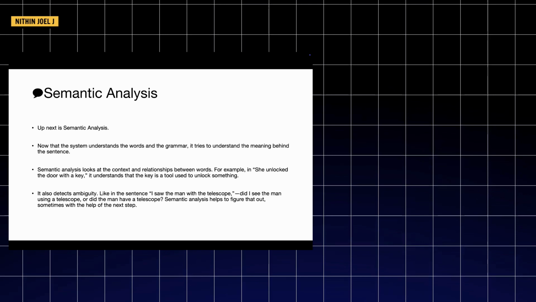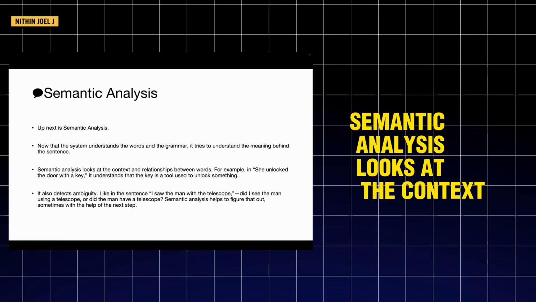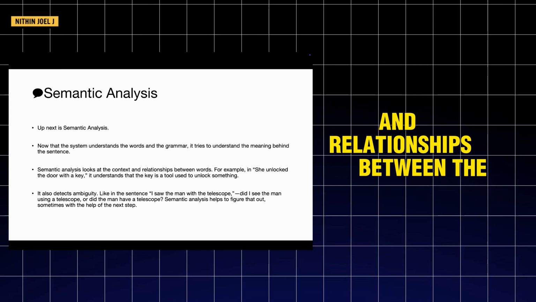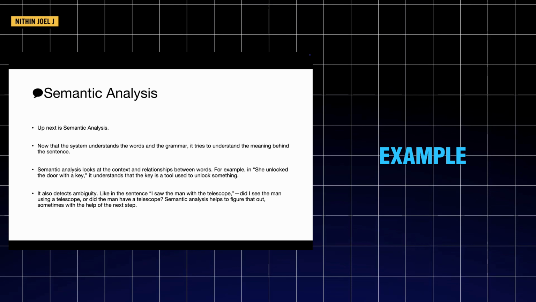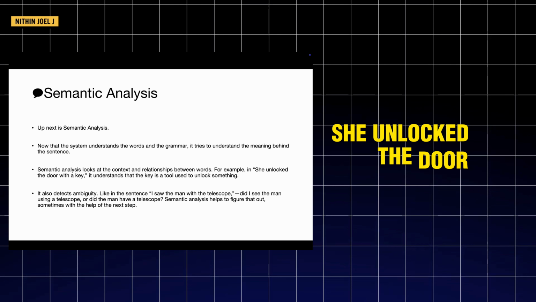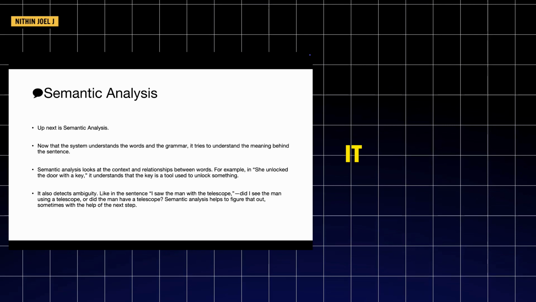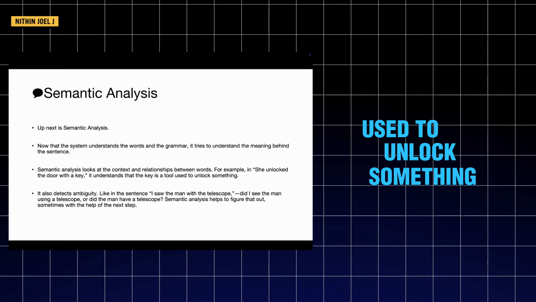Semantic analysis. So now the system understands the words and the grammar. It tries to understand the meaning behind the sentence. Semantic analysis looks at the context and relationships between the words. For example, she unlocked the door with a key. It understands that the key is a tool used to unlock something.